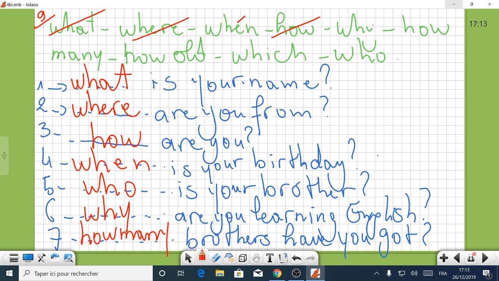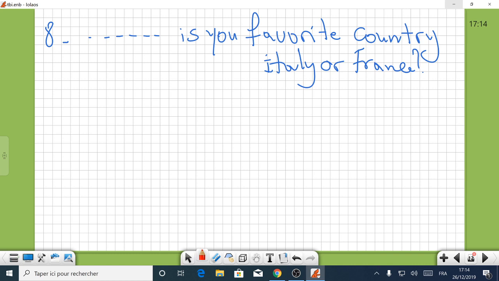So we have when, who, why, how, and how many. That's what, where, how, when, who, why, and how many. We still have how old and which. Which is your favorite country, Italy or France? As you can see, we have a choice, so we use which, of course.